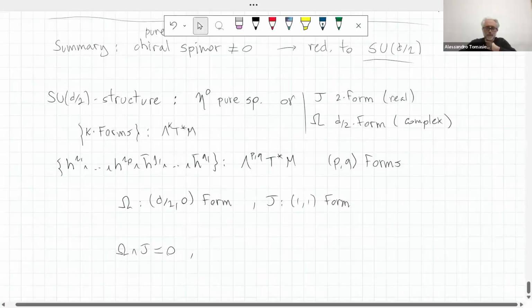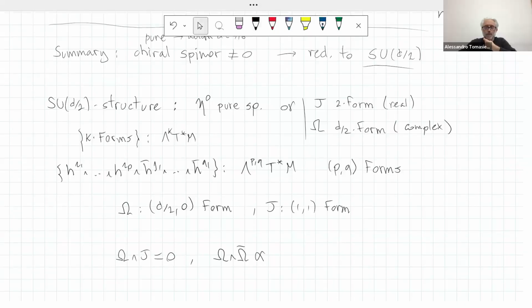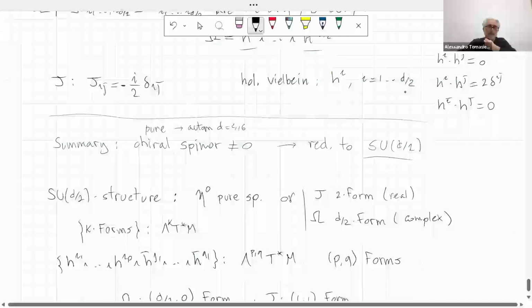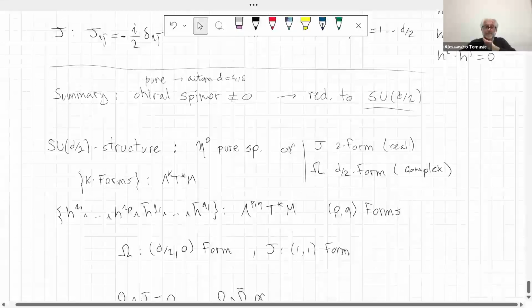And another thing you can notice is that you can consider the wedge product with its complex conjugate, and you will get a volume form, something proportional to a volume form. Another way to get a volume form is actually to take J exterior product with itself.